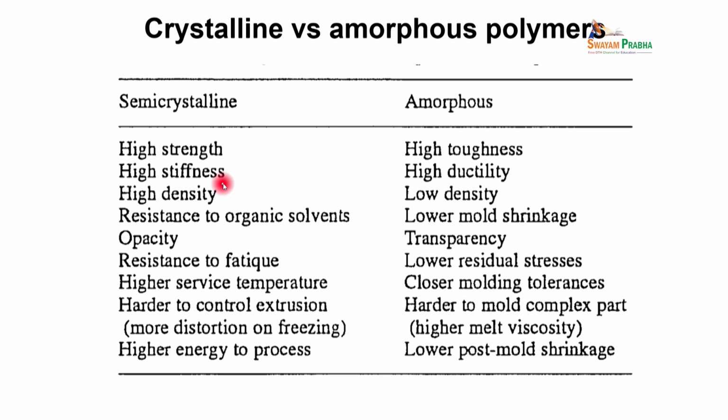They usually have high density, can be resistant to chemical solvents, and are usually opaque, meaning non-transparent. They can be resistant to fatigue and can operate at high temperature because of the crystalline nature, and it is harder to control extrusion and takes high energy to process. So these are all characteristics of a semi-crystalline polymer.